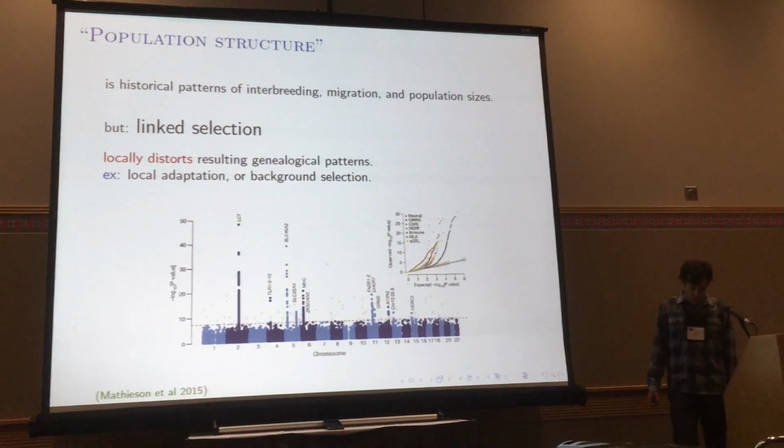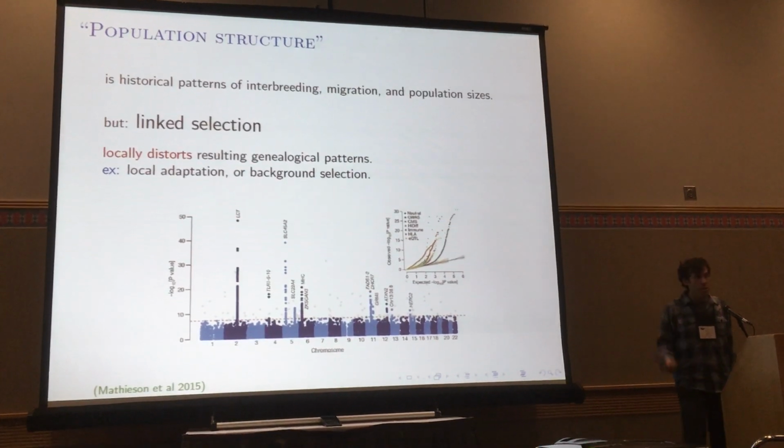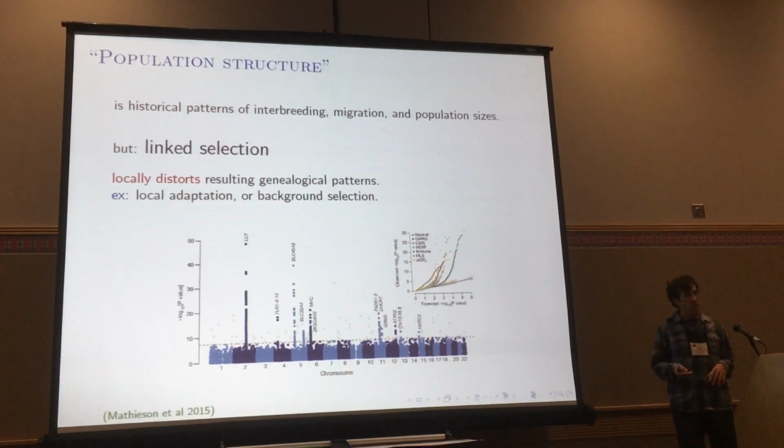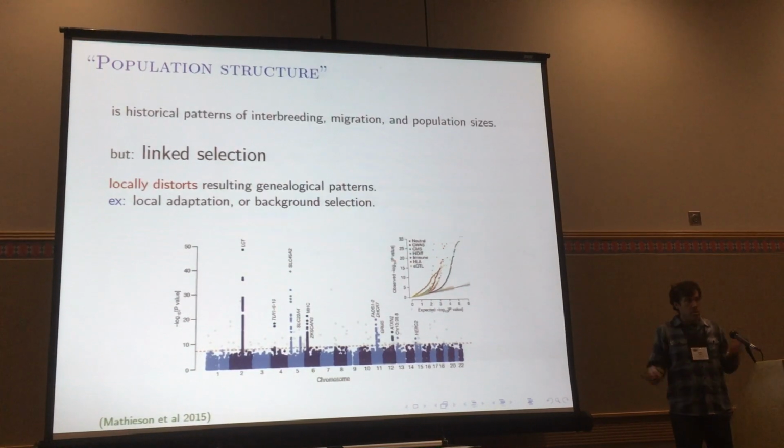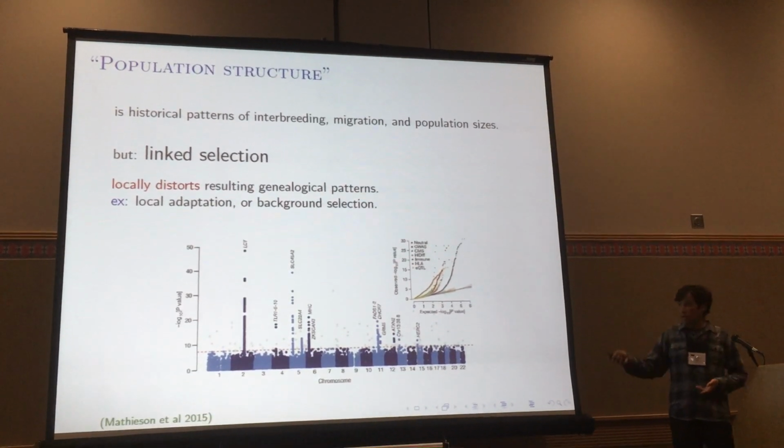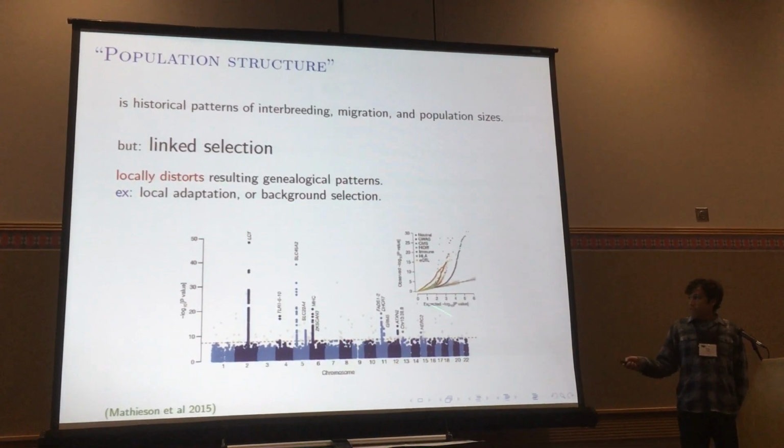This local distortion of genealogies by selection is just what we use to do scans for selection, like FST scans or whatever.